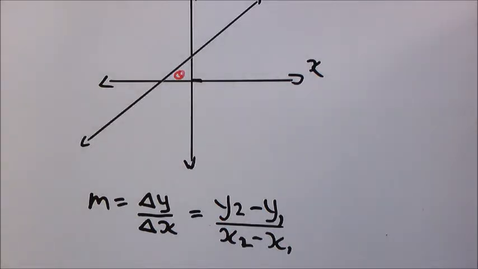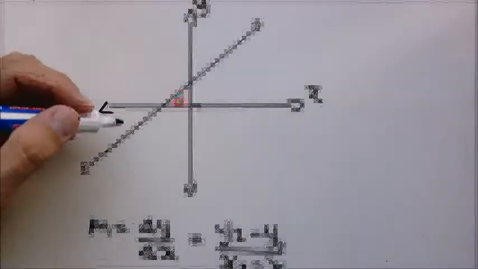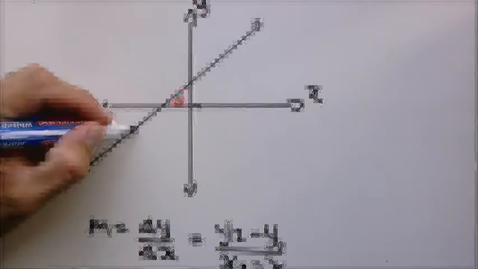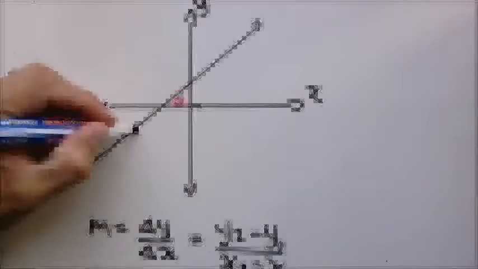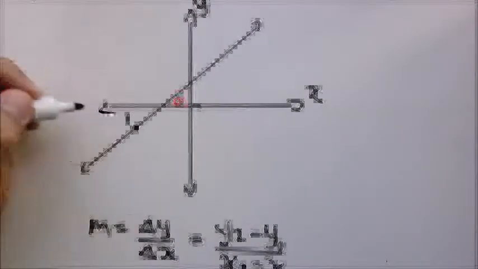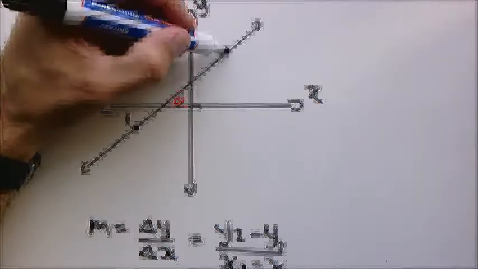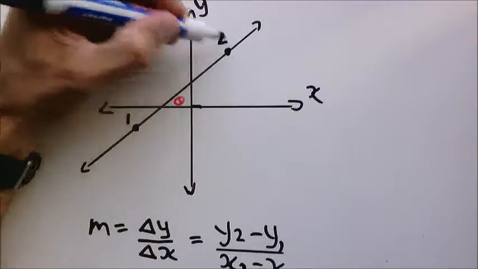So if we look at our graph, I'm going to indicate 2 points. Let's call that point number 1, and the one there at the top, point number 2.